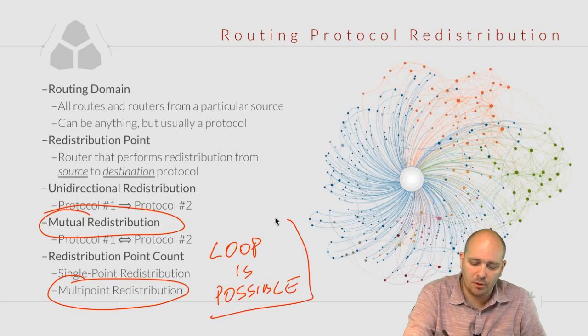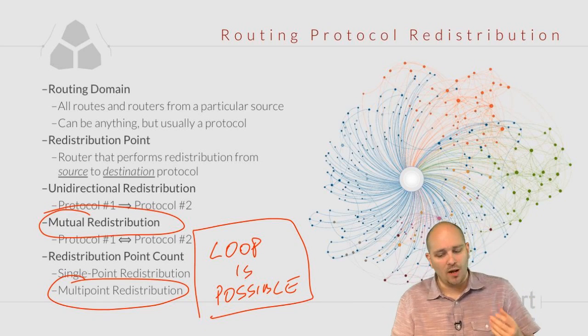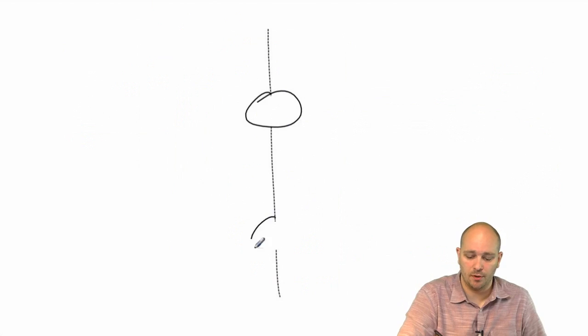And if the loop is possible, how do we prevent these loops from happening? Well, what we need to do here is a relatively simple thing. So let me just again redraw our examples here. I'm just going to make a very simple example.